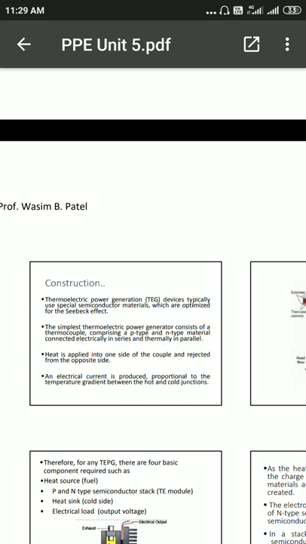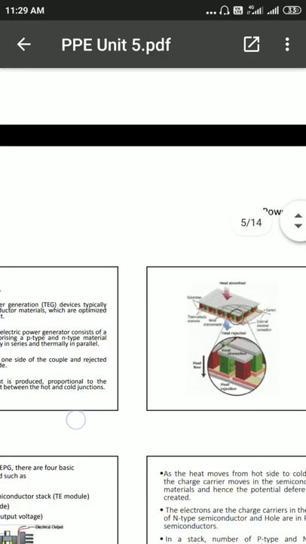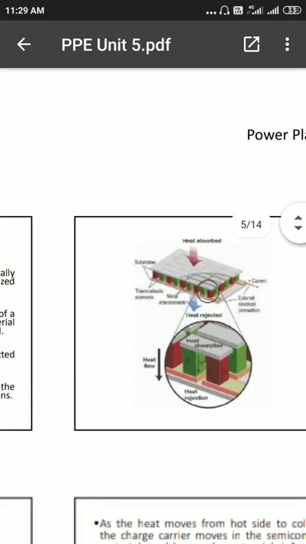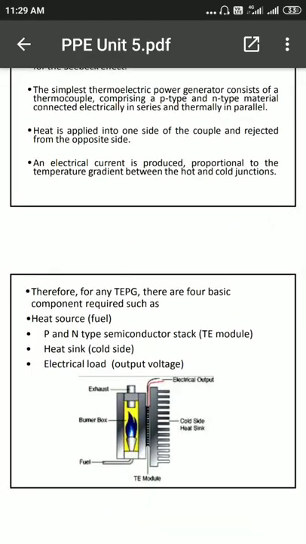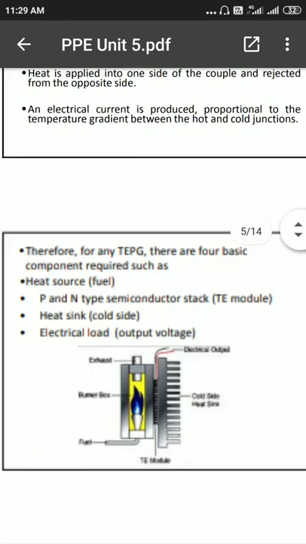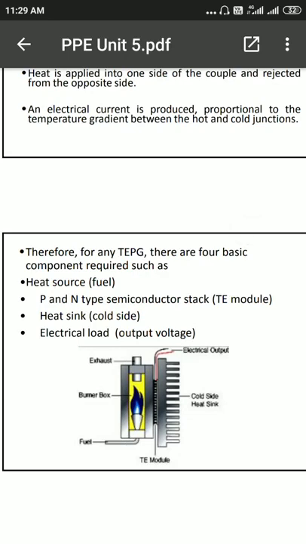It is a simple device in construction. The basic components required are P and N type semiconductor stacks, heat sinks, a cold side, and electric load output, and we use fuel or some heat source to supply heat from one side.